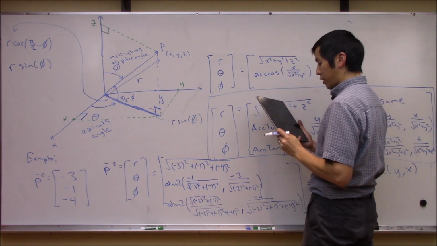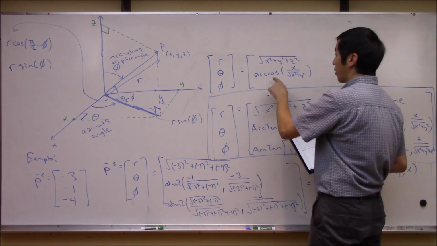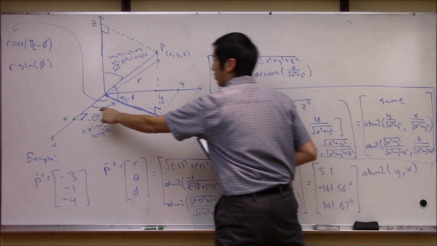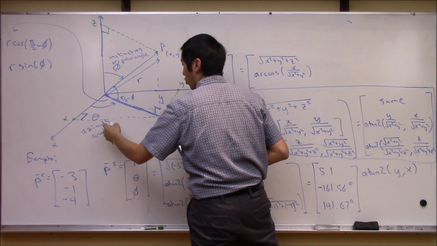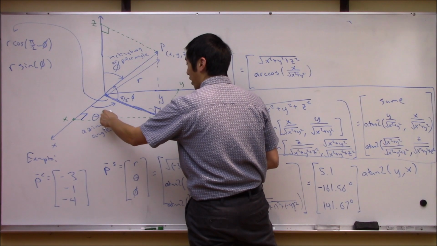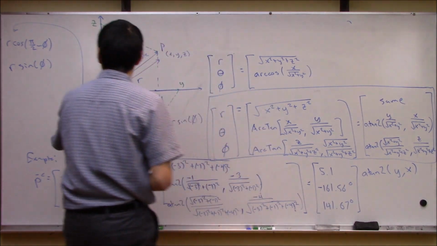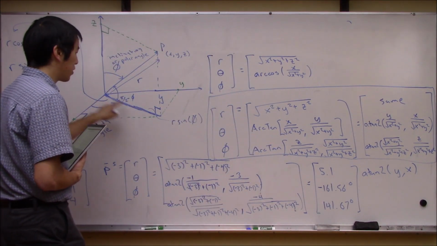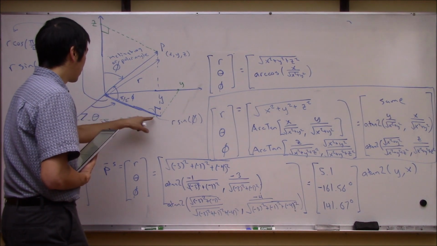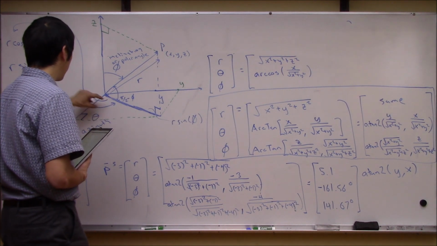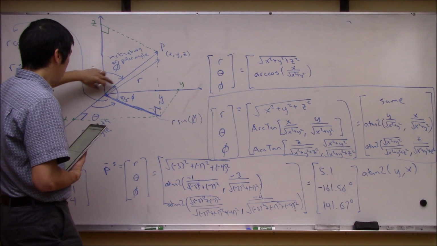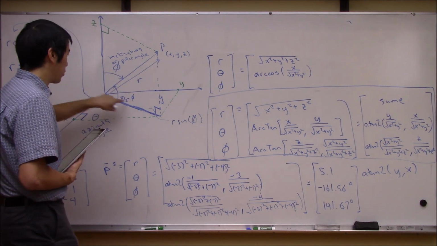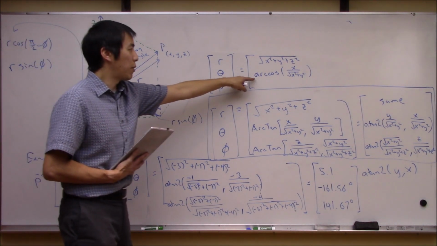You can basically see where this comes from, because here's theta, so cosine of theta is what? It is going to be x over the hypotenuse, and we said this hypotenuse was this distance right here, which is in the plane, x squared plus y squared square rooted. So they'll come up with this expression.